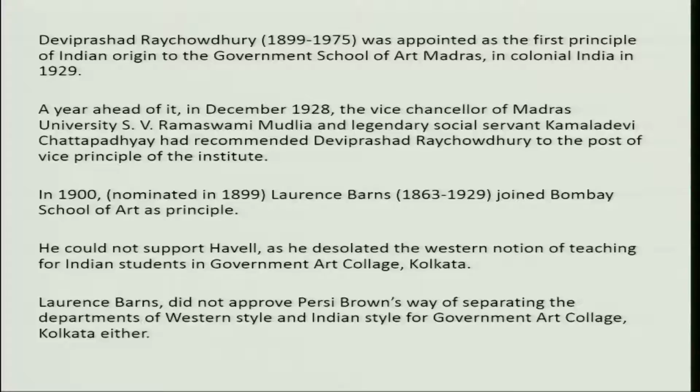A year ahead of it, in December 1928, the Vice Chancellor of Madras University, A.S.B. Ramaswamy Mudaliar, and legendary social servant Kamaladevi Chattopadhyay had recommended Debi Prasad Raichaudhuri to the post of Vice Principal of the Institute. In 1900, nominated in 1899, Lawrence Binyon, 1863 to 1929, joined Bombay School of Art as principal.